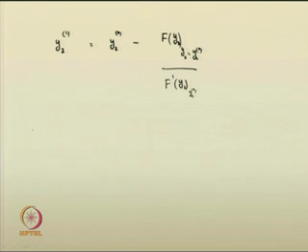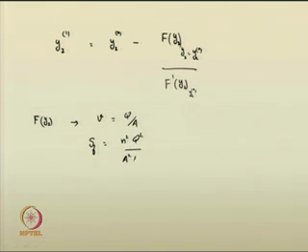So, how will you evaluate this function? For the function f of y 2, you require the velocity, which is given by q by A. This you have to evaluate. You have to evaluate the energy slope or friction slope, that is given by n squared q squared by A squared R to the power of 4 by 3.